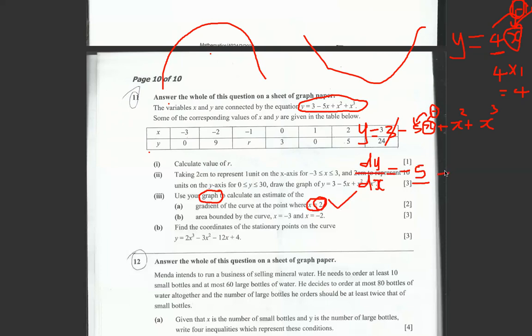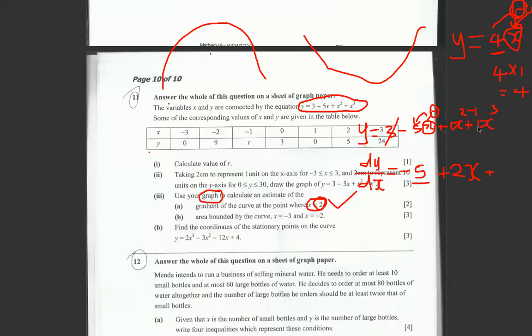Plus, our coefficient here is 1. The power is 2, so 2 times 1 will be 2. From this power, we remove a 1. The power just remains 1. And when the power is 1, we don't write it. Plus, the power here is 3. The coefficient is 1.